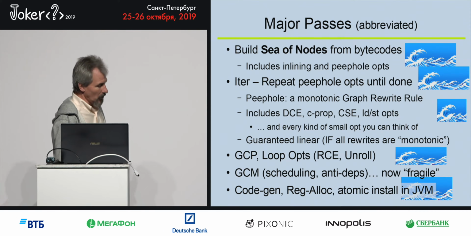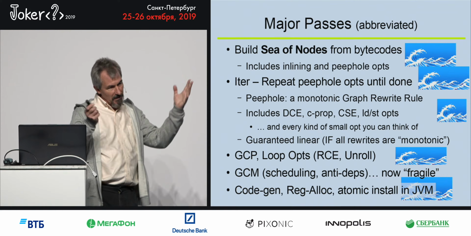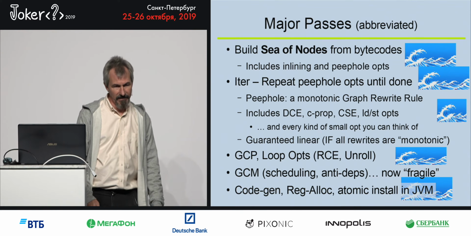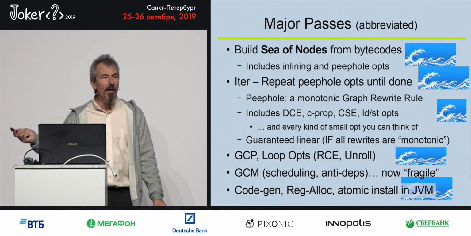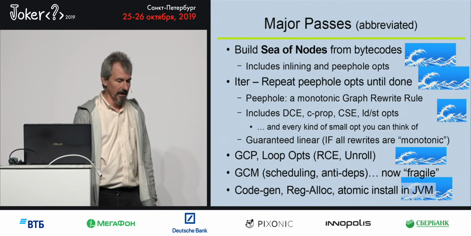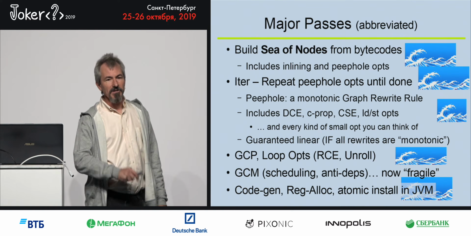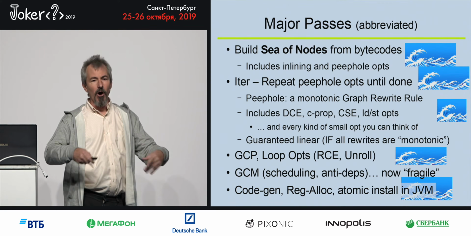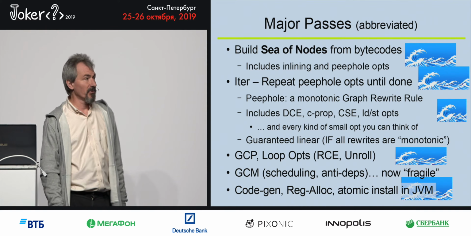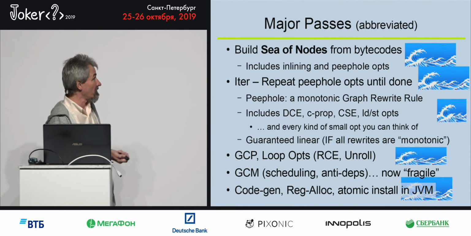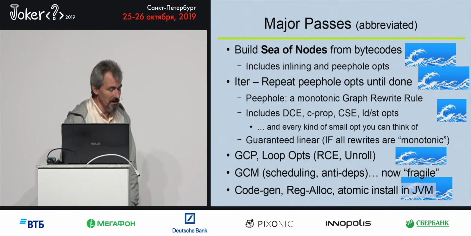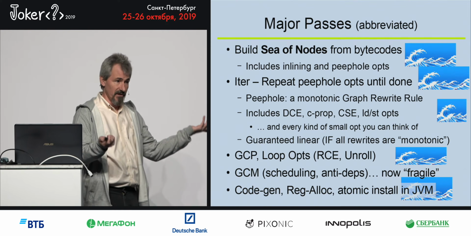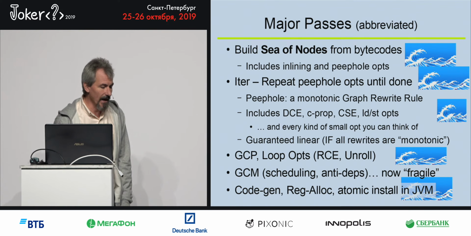Iter is also guaranteed linear in the size of the compilation unit, no matter how many times I call it. So it is called after every other kind of optimization takes place, like any of the loop ops. I always call iter every time, and the sum of all iter calls will be linear in the size of the program, so it's very convenient to use and very fast. Then global constant propagation, loop optimizations, loop unrolling, range check elimination, things like that.